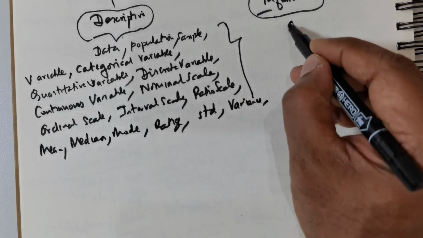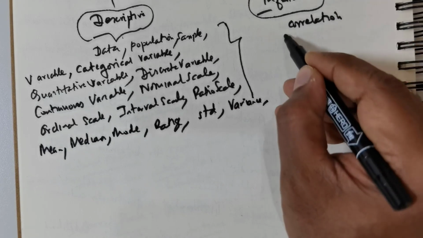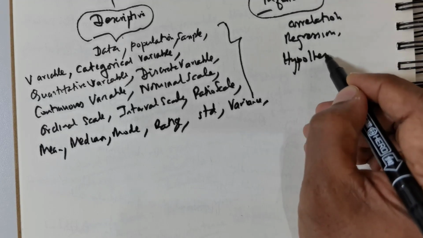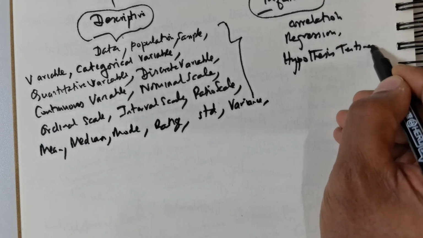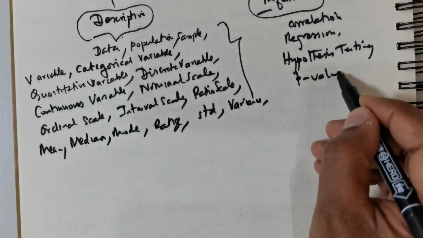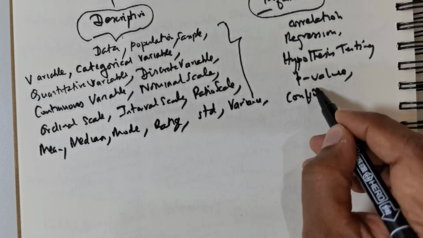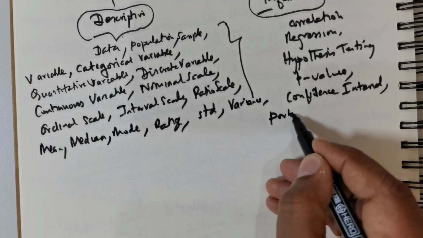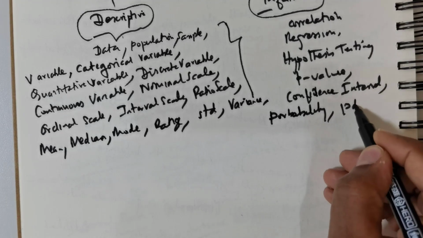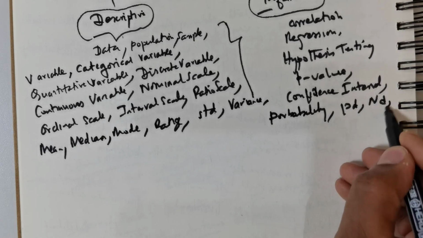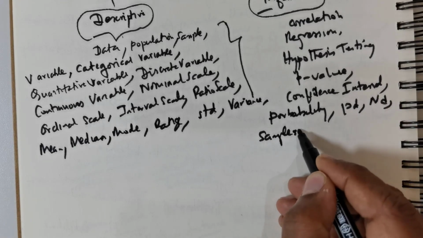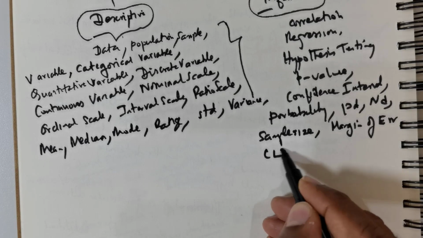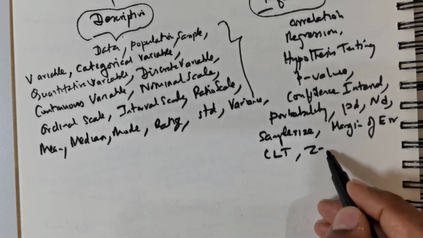Now inferential statistics: correlation, regression, hypothesis testing, p-value, confidence interval, probability, probability distribution, normal distribution, sample size, margin of error, central limit theorem, z-score.